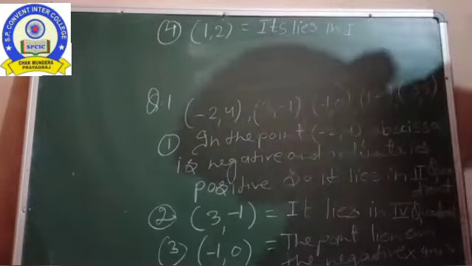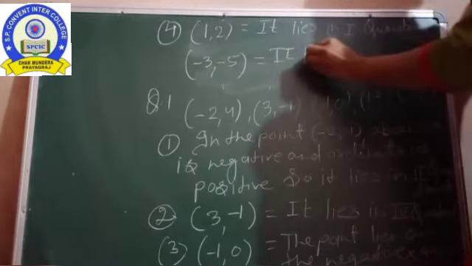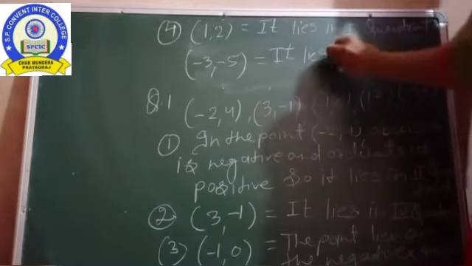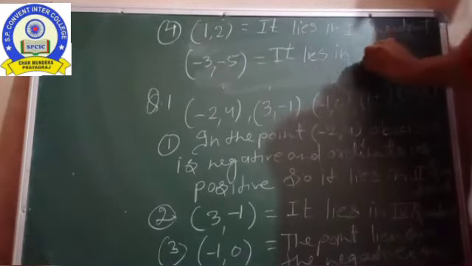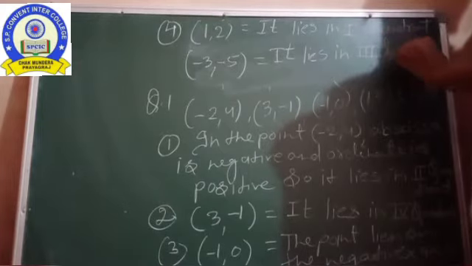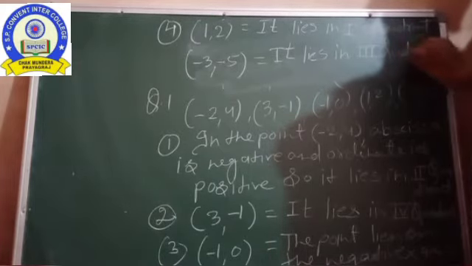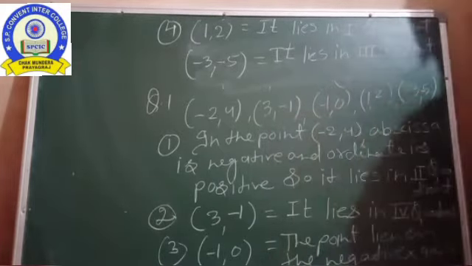And (-3, -5) lies in the third quadrant. Okay, please write down.